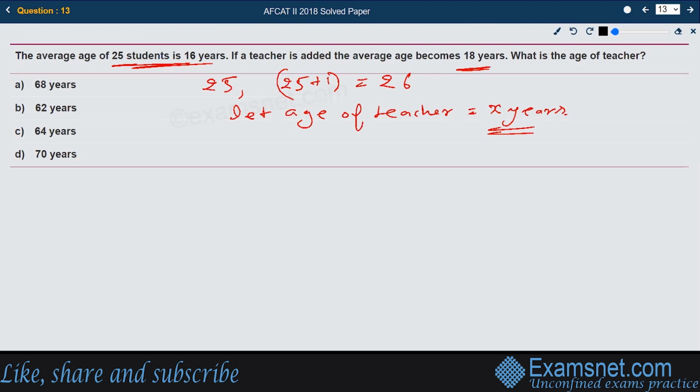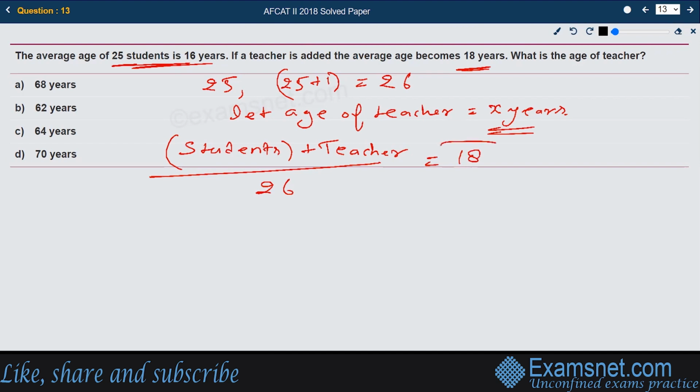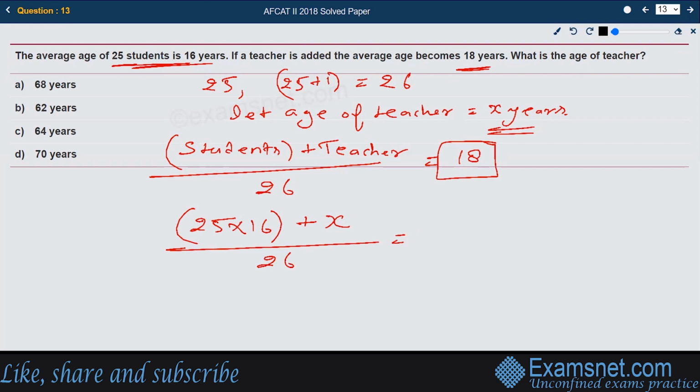Now the total average should become 18 after the addition. So the total age of students plus the age of the teacher, this whole grand sum divided by the total number of people, which is now 26 because one teacher has been added, should give me 18. Total age of students is 25, the number of students, into 16, the average without the teacher, plus the teacher's age X, divided by 26, has to become 18.